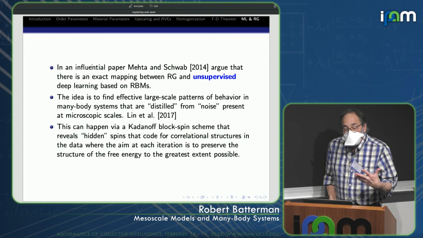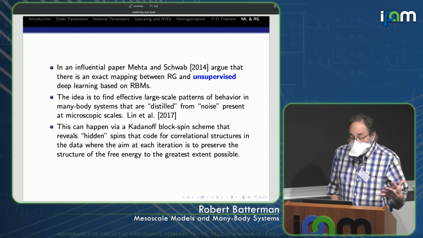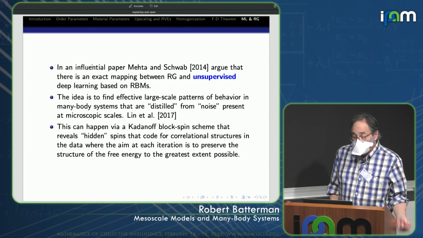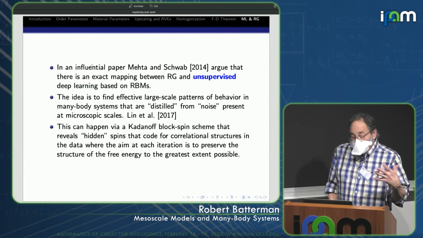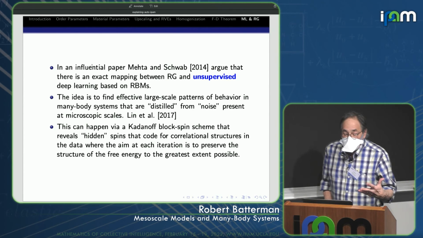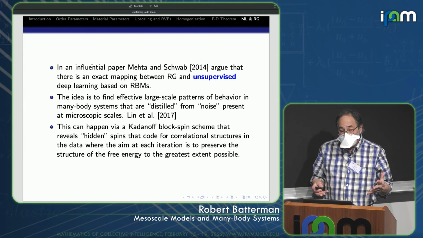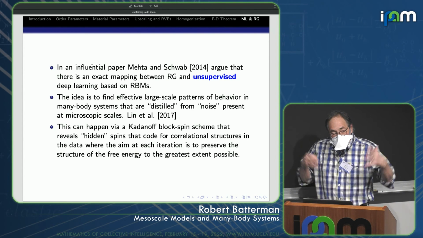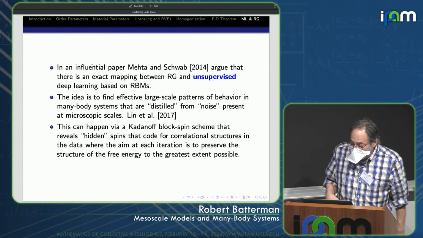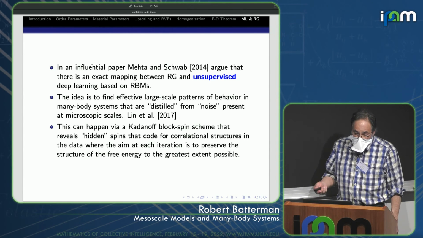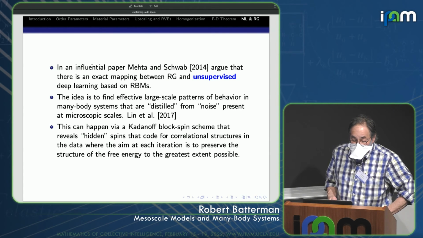And that can be done via a kind of Kadanoff block spin scheme that reveals hidden spins that code for correlational structures in the data, where the aim at each iteration is to preserve the structure of the free energy to the greatest extent possible, to make the renormalized or the effective Hamiltonians look as much like the original ones as possible.